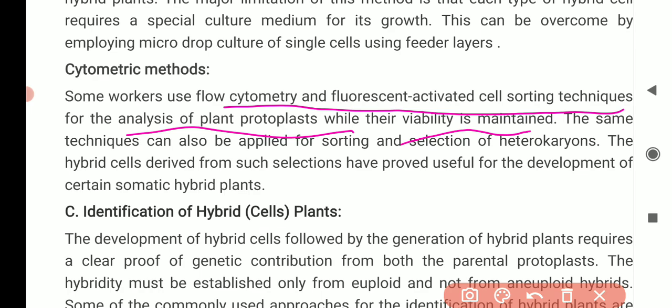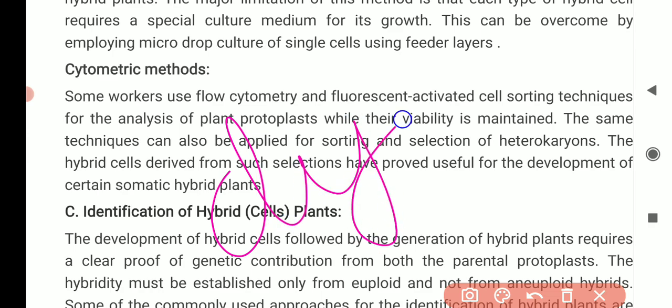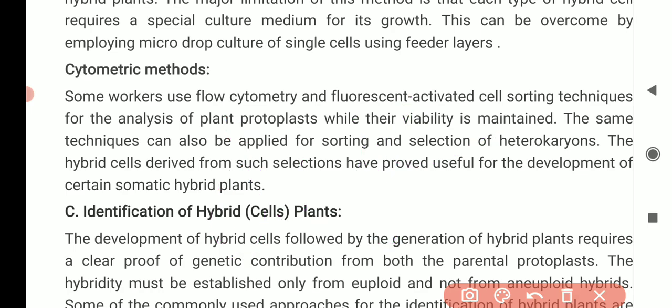So flow cytometry and fluorescent activated cell sorting means that you use a dye, a dye which is fluorescent. But this doesn't mean you can look with your naked eyes. You have to look in a fluorescent microscope.